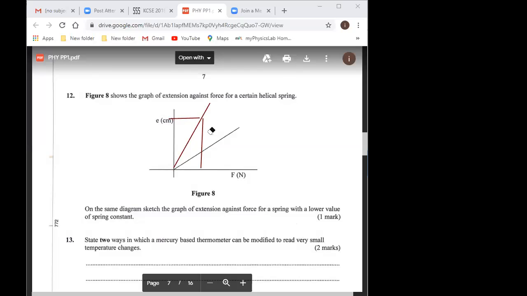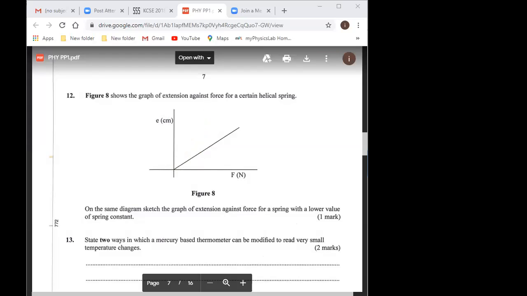We now move to question number 13. State two ways in which a mercury-based thermometer can be modified to read very small temperature changes. So one, let's have one. Yes, Dean?